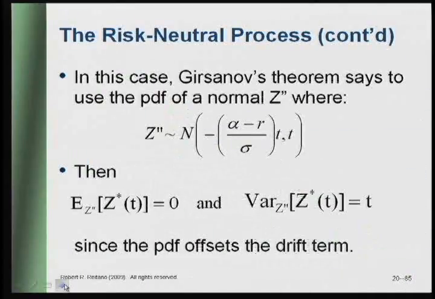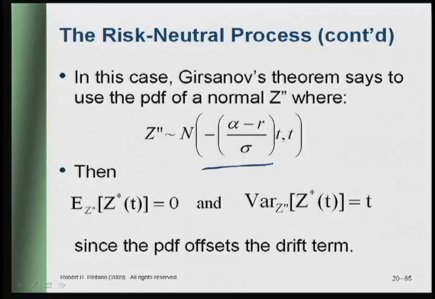And in this particular case, we can actually identify the probability distribution that does it. Namely, if I use the probability distribution of a normal distribution that has a negative Sharpe ratio mean and a variance of t, under this probability distribution, the mean of z star gets shifted to 0.